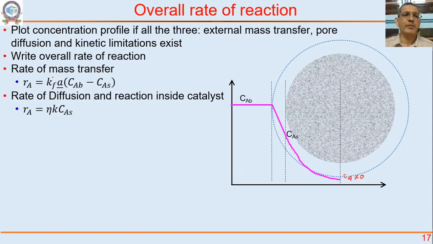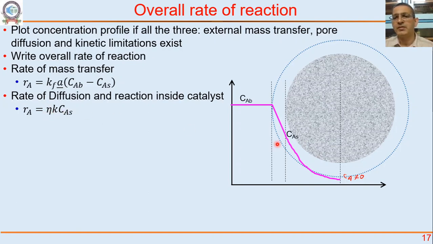Rate of mass transfer would be kcA times CAb minus CAs: bulk concentration minus the surface concentration. This is the mass transfer step. Diffusion and reaction inside the catalyst pellet: we know that rA is eta times k times CAs. So we don't have to know the concentration inside. That is the importance of defining the effectiveness factor.